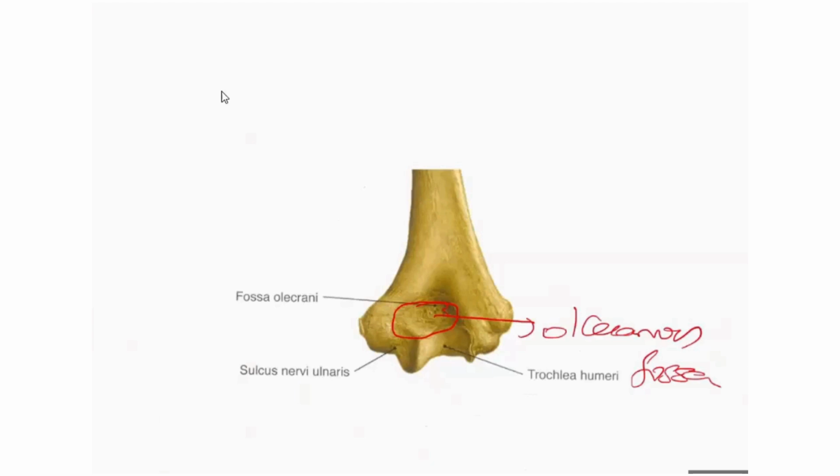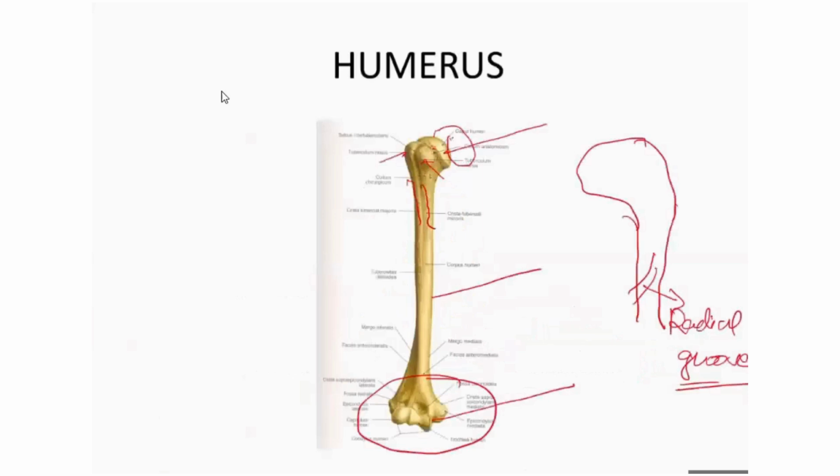What type of joint is the elbow? It is an example of a hinge joint. Now remember the neck of the humerus: this is the surgical neck and this is the anatomical neck. There are two necks on the humerus.